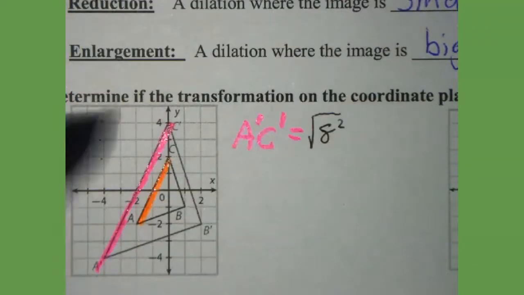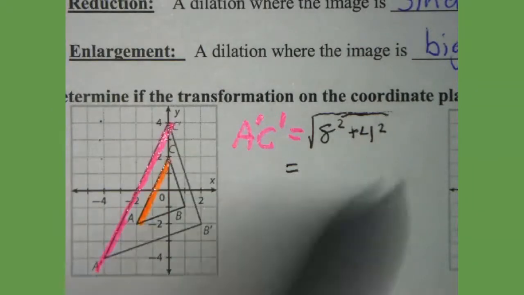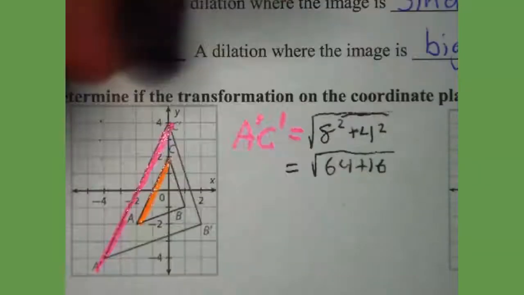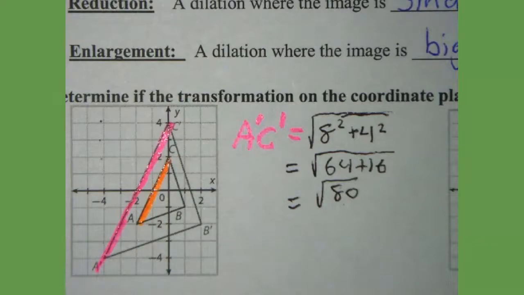Got 8 squared, and then it's over 1, 2, 3, 4. So 8 squared plus 4 squared, that's going to be 64 plus 16, which equals square root of 80.